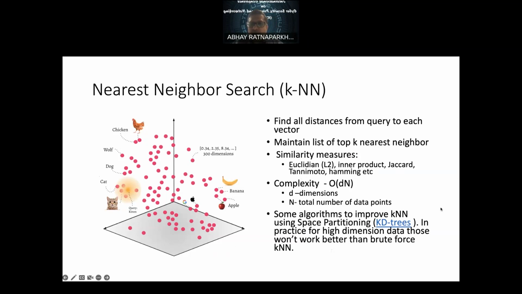There are some algorithms which try to improve exact neighbor search using, let's say, space partitioning, and I mentioned it here. But in the real world, when your dimensions are more, those algorithms won't work better than the brute force one.